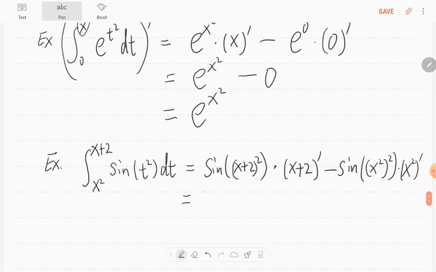So if you do the simplification, it would be this one, this times 1, right? Minus sine x to the fourth times 2x. This would be your result.